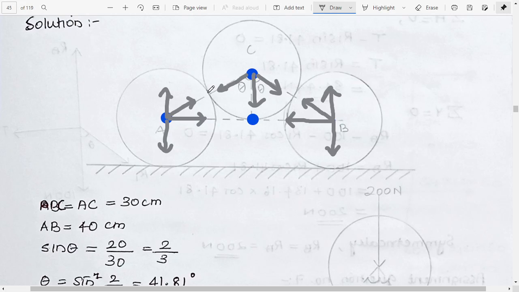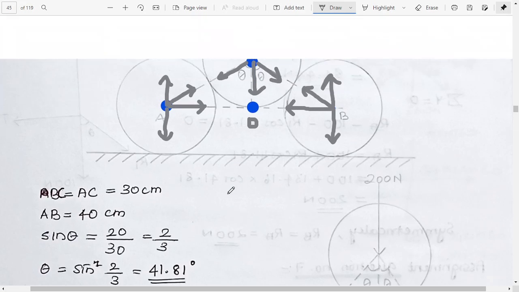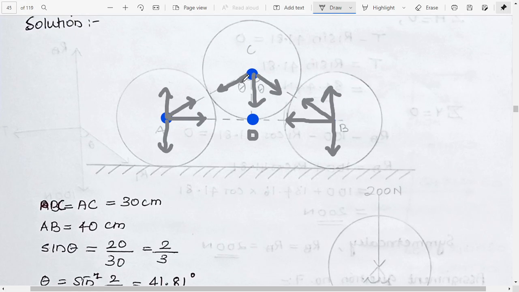So given the values of AC and AB, if AB is equal to 40 centimeter, and we consider this part to be D, then we can say that sine theta is equal to 20 divided by 30. So we'll get a theta value of 41.83. So this theta is this part.